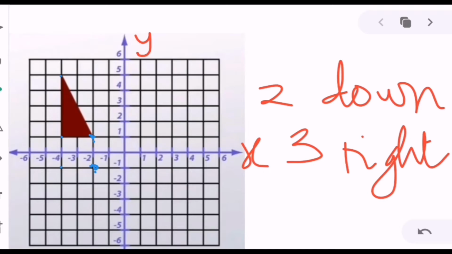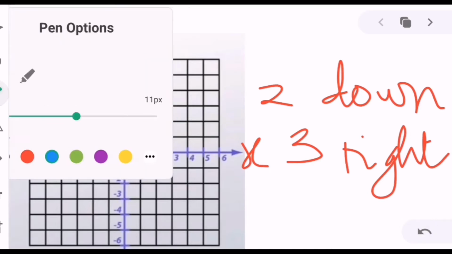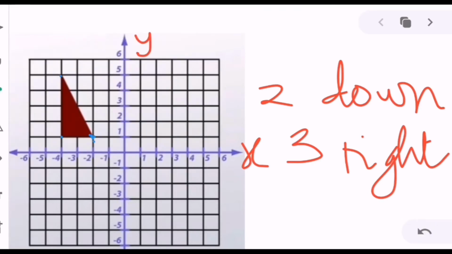But remember that we were not only given 2 units down, we were also given 3 units to the right. So as we are moving the points down, we need to also move to the right side. How do we do that then? So this is what we are going to now do. 2 units down, we did 1, 2 at this point.